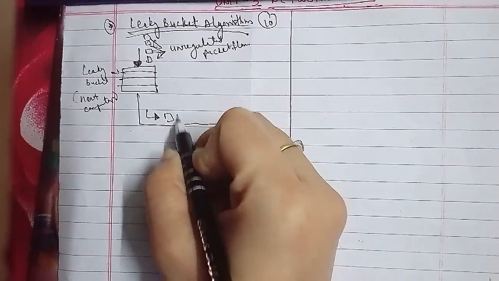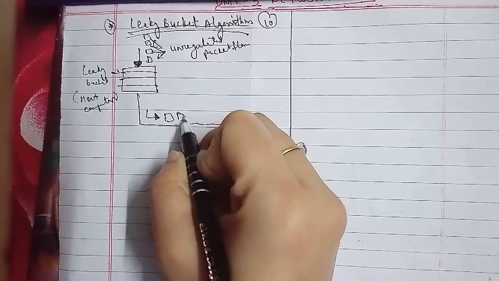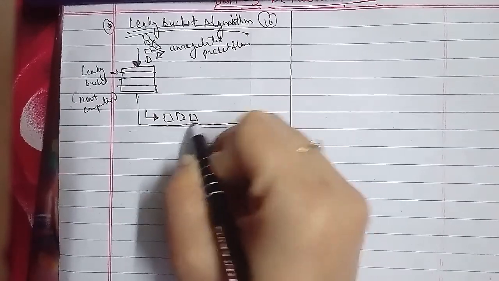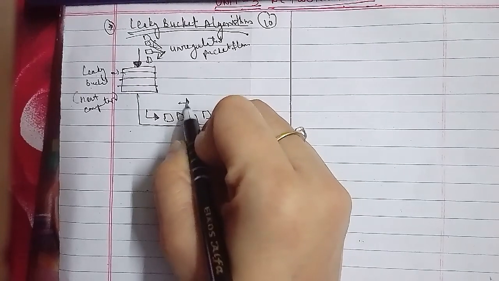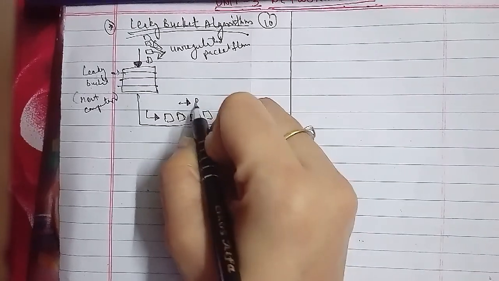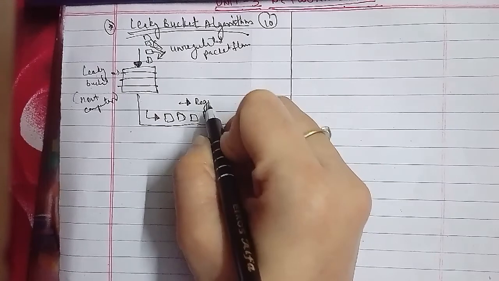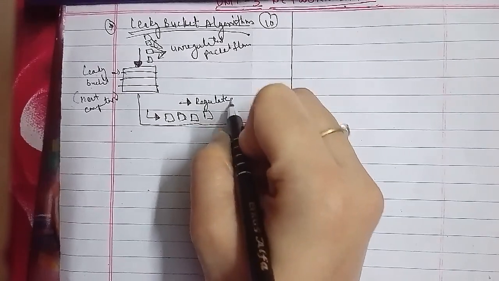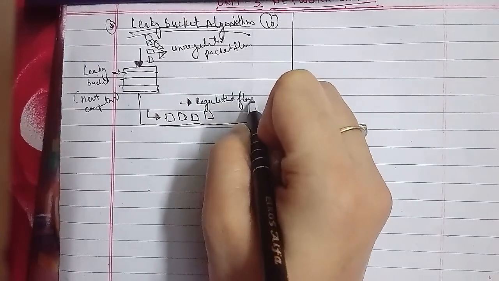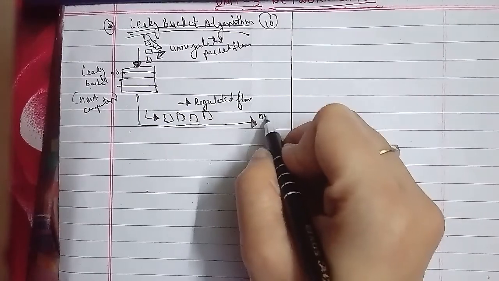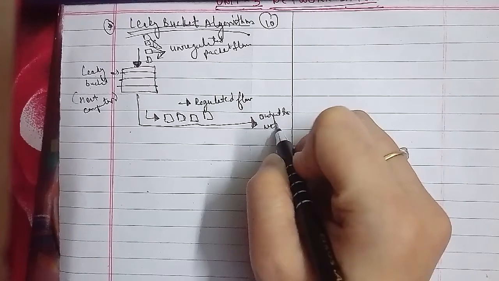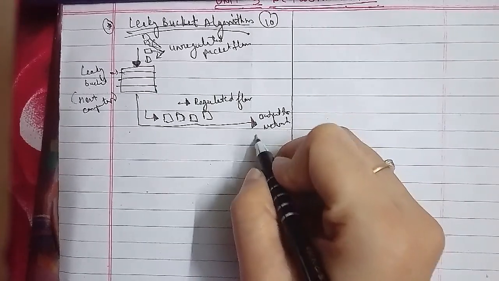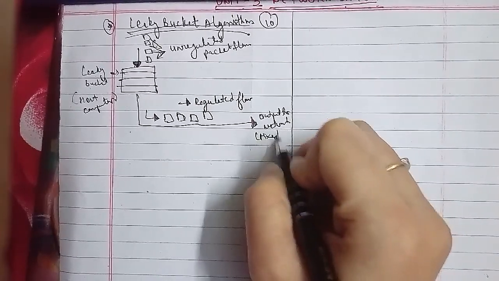This is the regulated flow, and this is the output to the network, or we can say it is a fixed rate. This is all what we call the leaky bucket regulator.